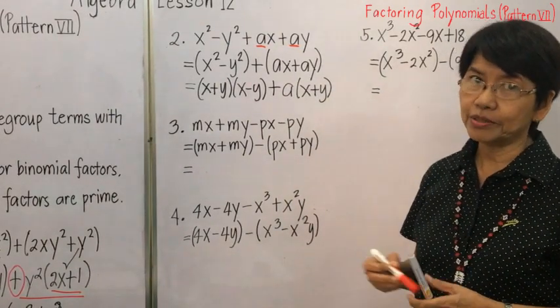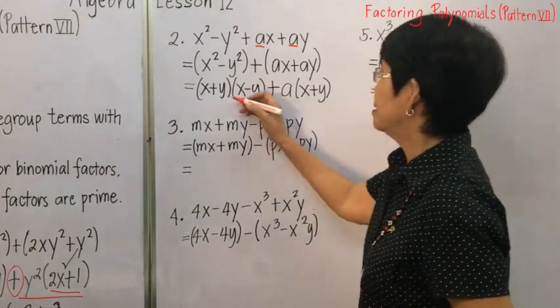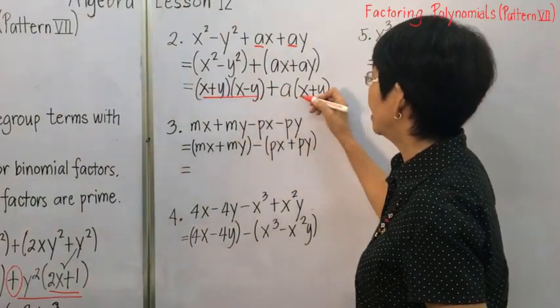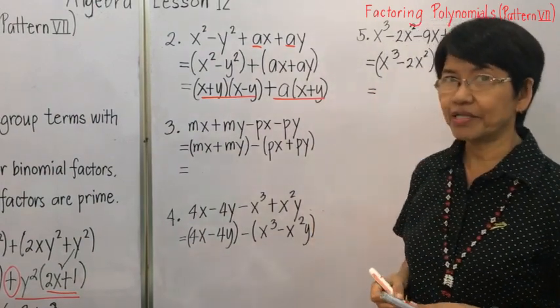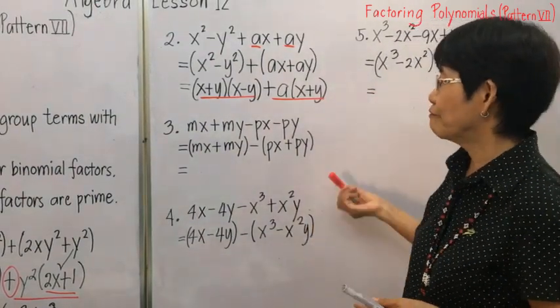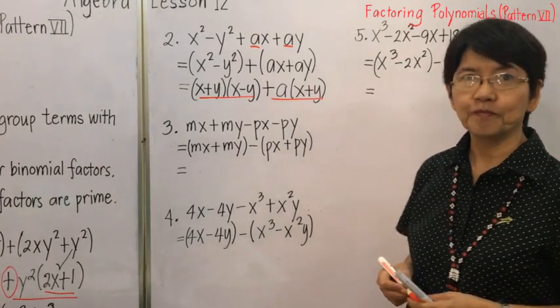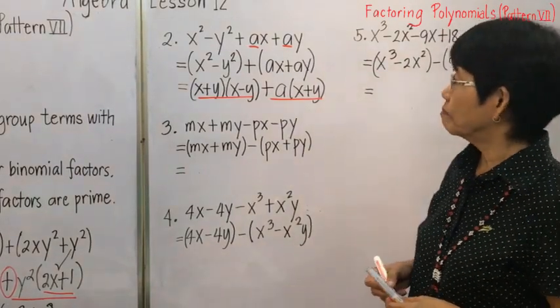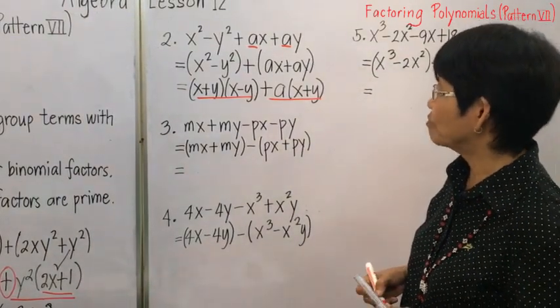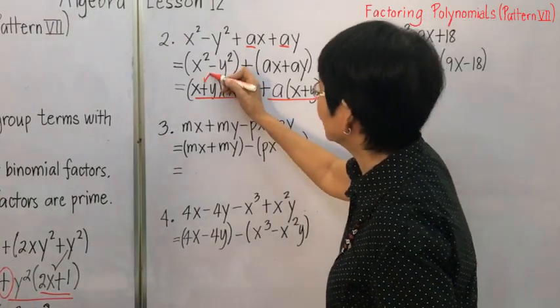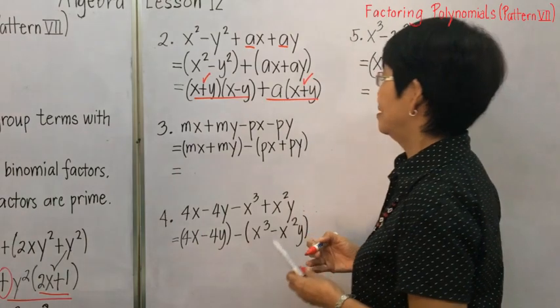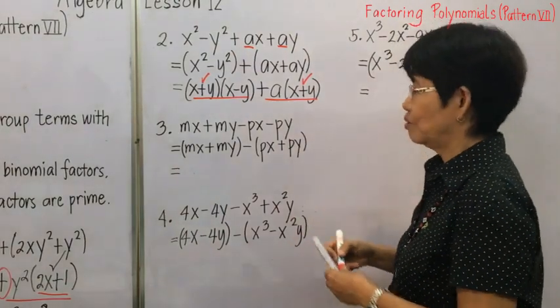Now there are only two terms. This is the first term and this is the second term, but this is not yet completely factored. So we will factor out the common binomial. Which is the common binomial here? So the common binomial is x plus y and x plus y.